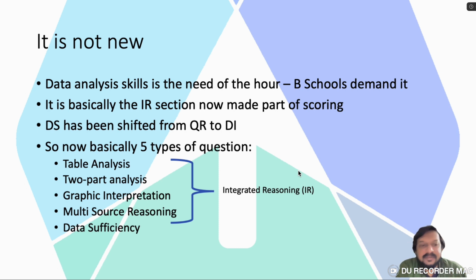The first 4 types, that is table analysis, two-part analysis, graphic interpretation, and multi-source reasoning, are basically the same questions as were part of the erstwhile integrated reasoning section of the GMAT Classic. The 5th type is obviously the data sufficiency questions that used to be a part of the quantitative reasoning section and now have been shifted to this section.